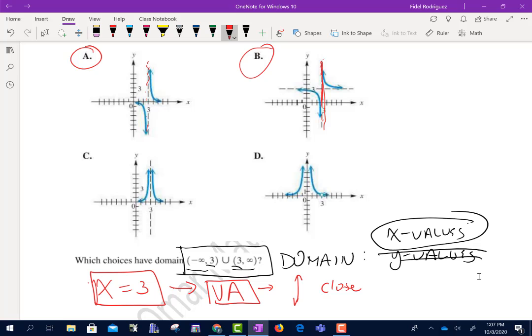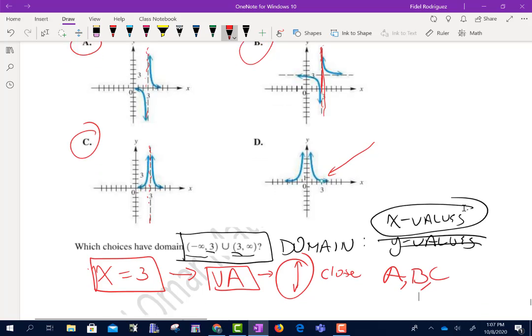And then when I look at C, look, here's another vertical line. The graph gets really, really close to it, but doesn't touch it. Okay? Now, if you look at this one here, even though there's that open circle, there's no vertical line, okay? It has to be a vertical line. So far for the first one, my choices would be A, B, and C, okay?